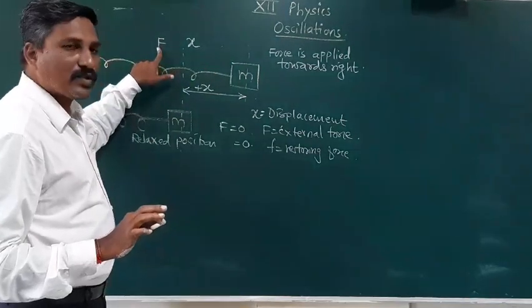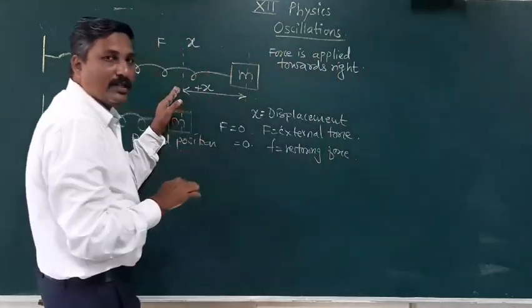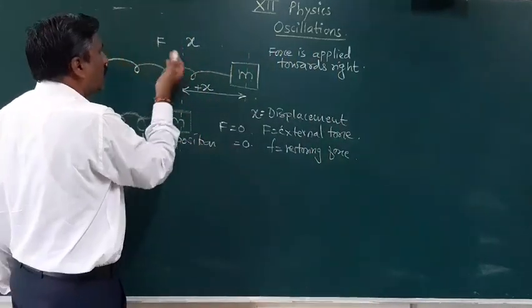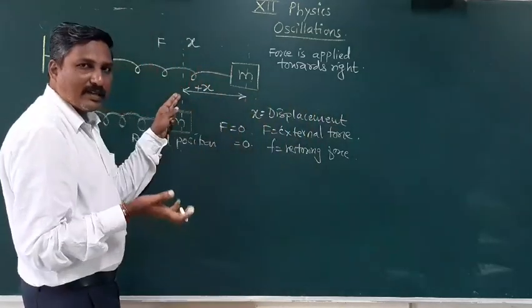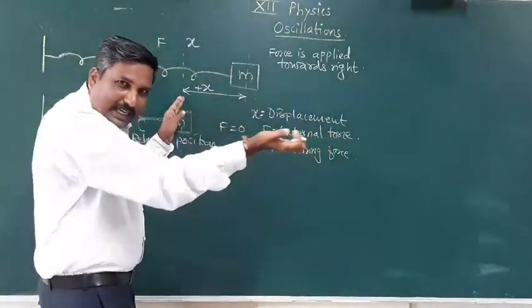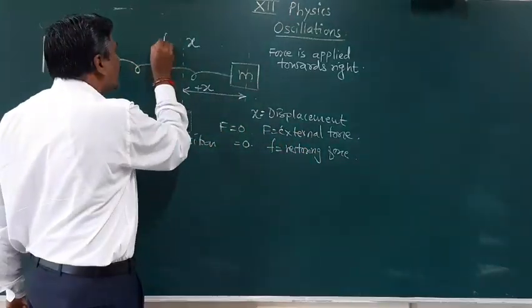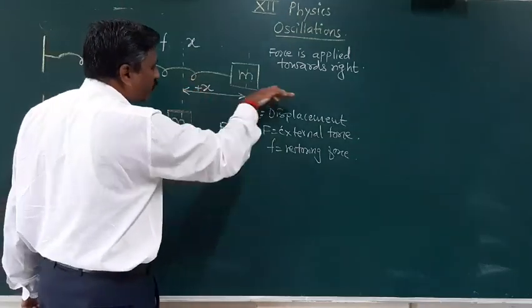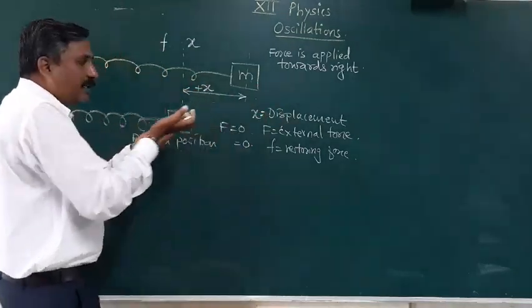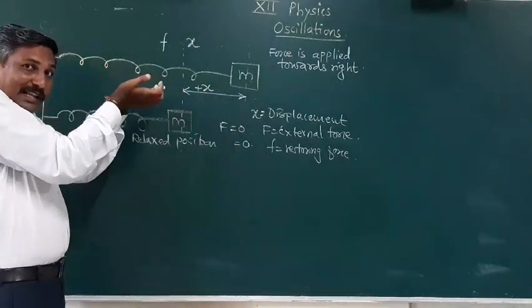As I increase the external force, displacement goes on increasing. But the spring again comes to its initial position. So the internal restoring force acts opposite to the displacement towards the right, and that internal restoring force works towards the left.